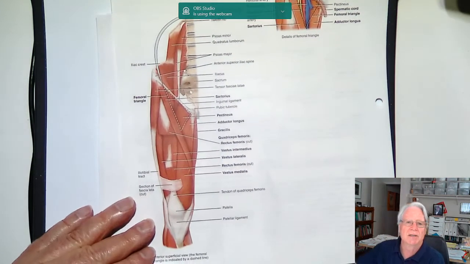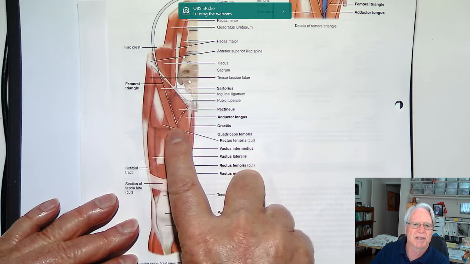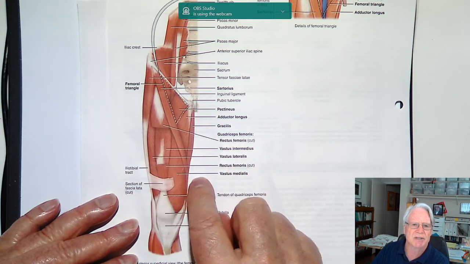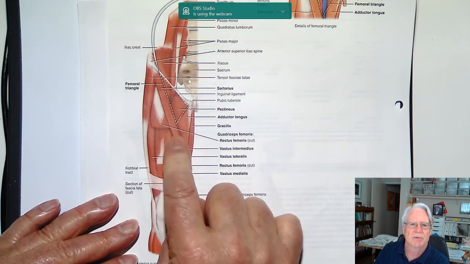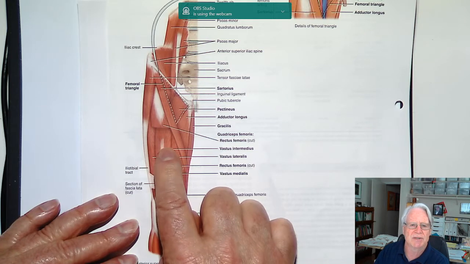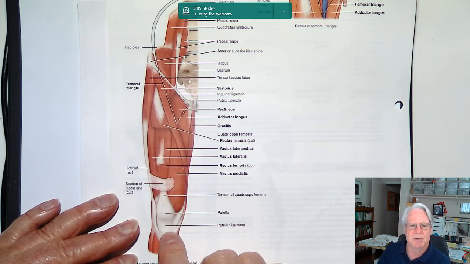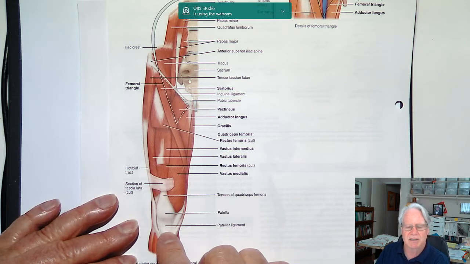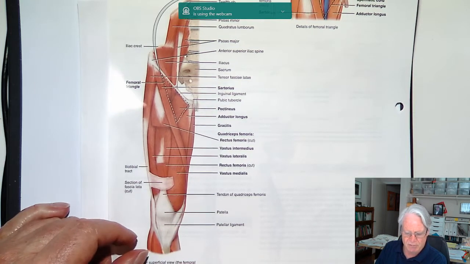Here, rectus femoris has been cut so you can see underneath. Then we have the vastus lateralis, vastus medialis, rectus femoris, and vastus intermedius. Those four muscles all insert on the same structure, the tibial tuberosity right here. So we're going to take those muscles one at a time and look at their origins, insertions, and actions.